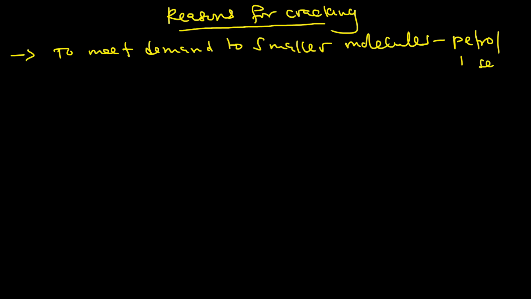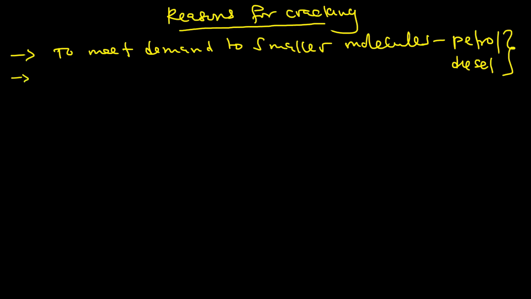These have a small number of carbons. So these are in high demand as they are used in cars. Some of them are used in generators. So they are in demand, and therefore large molecules cannot be used for this purpose. They have to be broken down into smaller ones. So in other words, to meet demand for smaller molecules. That is the reason for cracking.